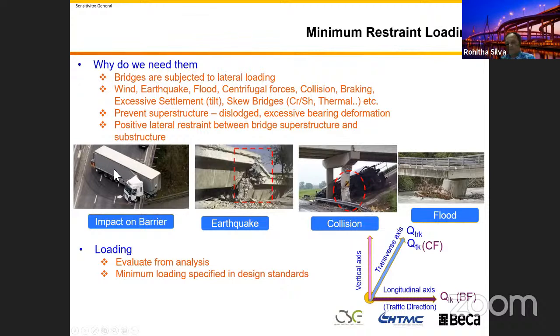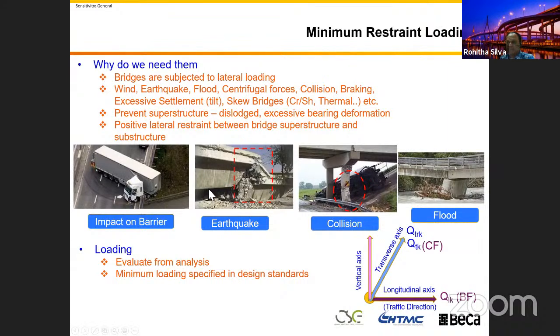This truck, about 70 ton, is moving at least 80 kilometers per hour, and it comes and hits this barrier. That momentum, you can see this truck still in here, that impact force needs to be absorbed by the bridge, right? Because if you do not have a system to restrain that, the load on the bridge, this deck, will move away.